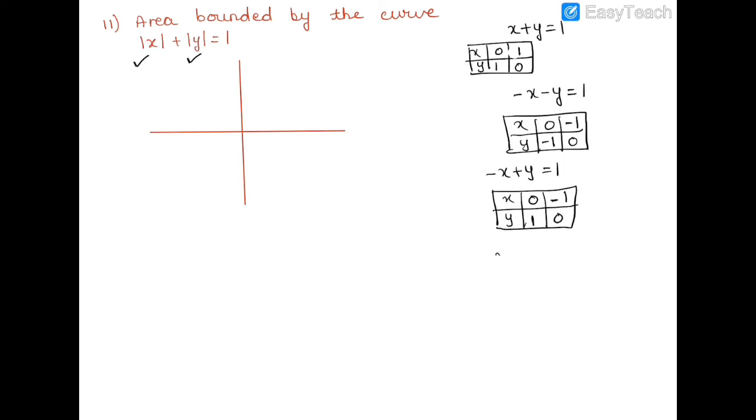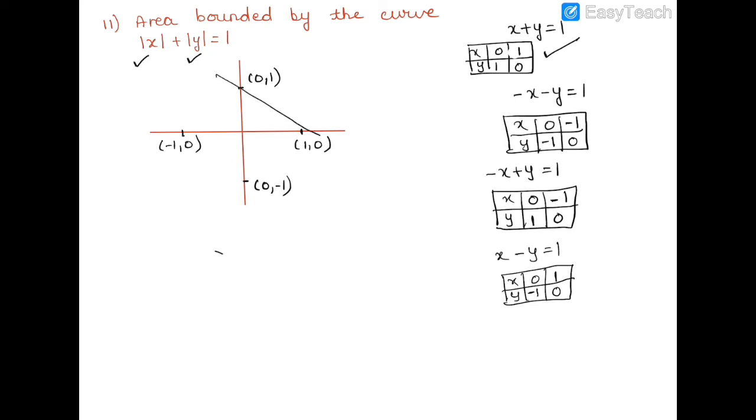And finally x is positive, y is negative: x is 0, y is minus 1, y is 0, x is 1. So this is a symmetric figure. If I want to plot this, this is (0, 1) and this is (1, 0). Then I have (-1, 0), and this point is (0, -1). So these 4 lines will be formed like this.